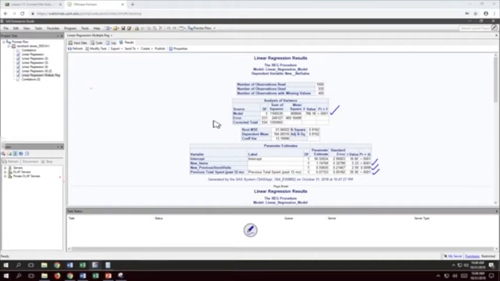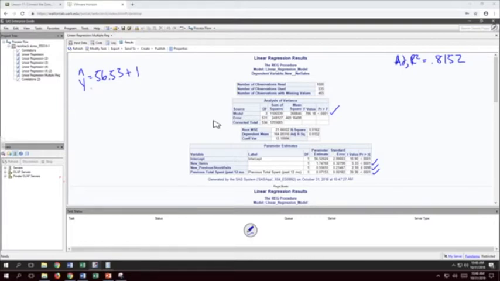So now if we go and look at our adjusted R squared, we've got 0.8152. So about 82% of our variability is being explained by these three variables. We can write an equation. So we have our intercept of 56.53.